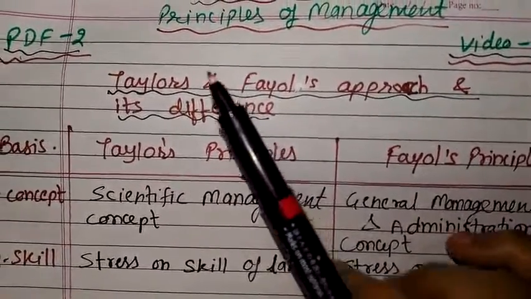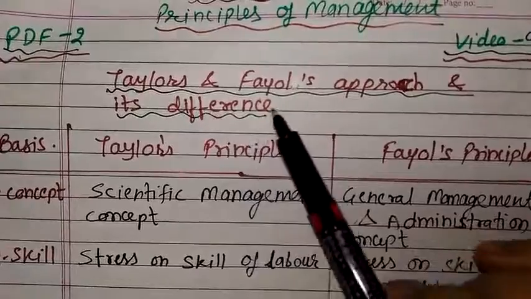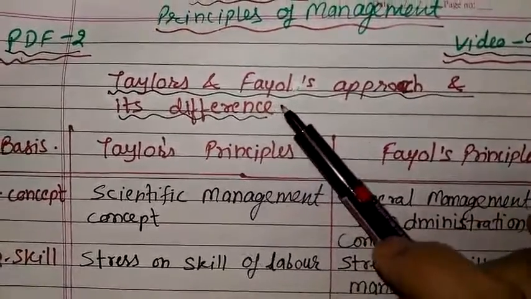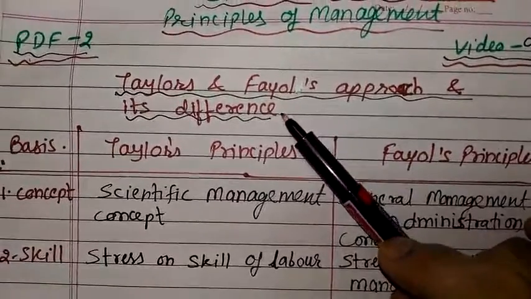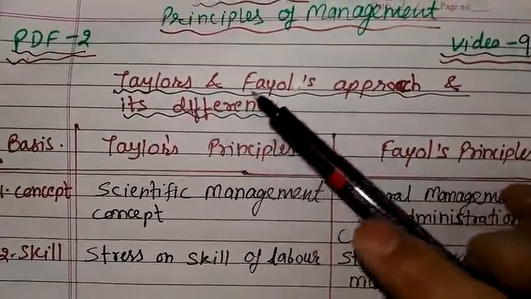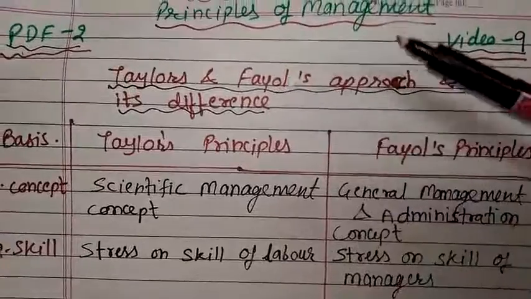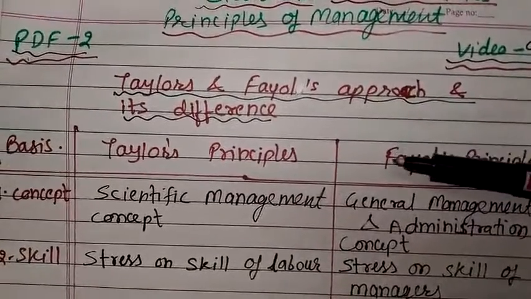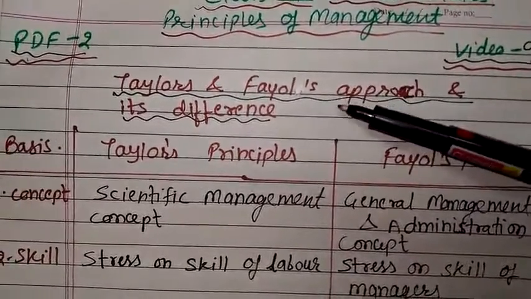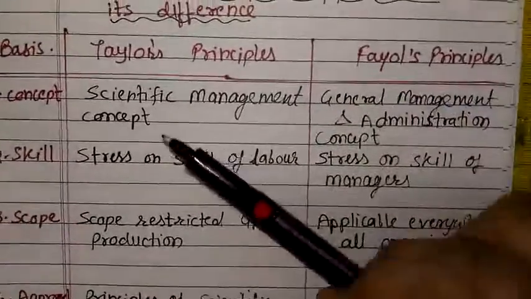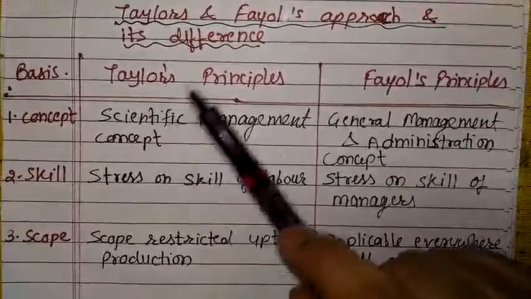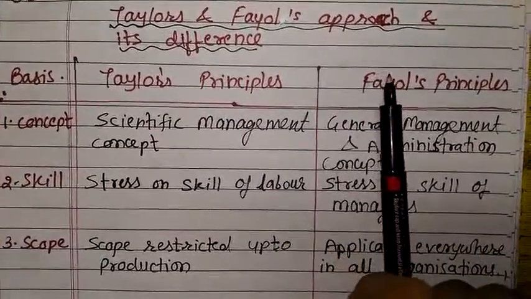There may be some similarities in both experts' views, but there are some differences also in the approach of F.W. Taylor and Henry Fayol. So in this video, I am going to explain the differences in the views of Taylor and Fayol's principles. So first of all, what is the concept of Taylor's principle and Fayol's principle?